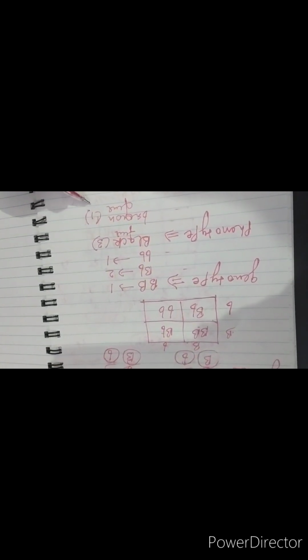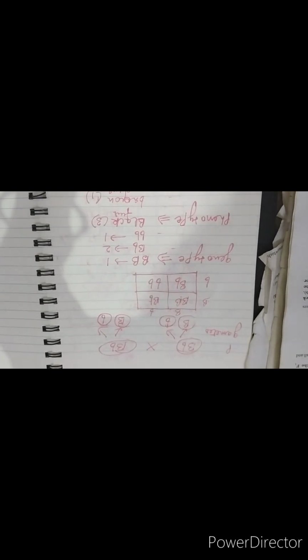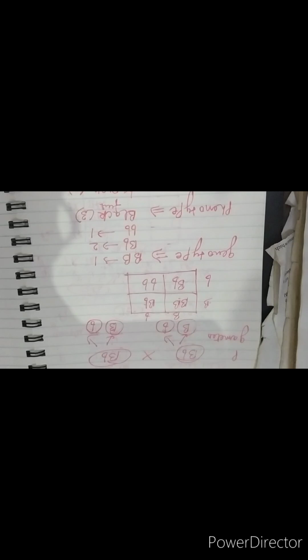Again, this is not a ratio, you have to mention the phenotype in words. So this is another question which can come in your papers in the cross, where they will give you the type of the parent, and then you have to make the cross and identify whatever they have asked you in the question, either ratio or genotype or phenotype.